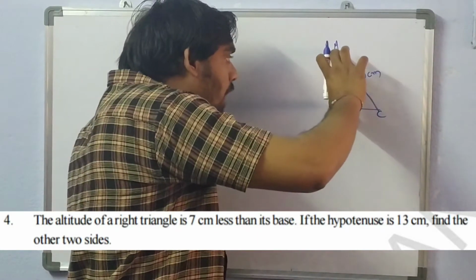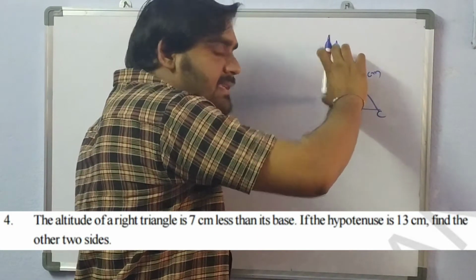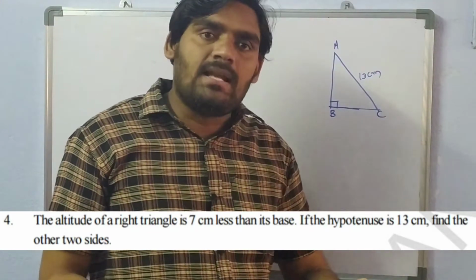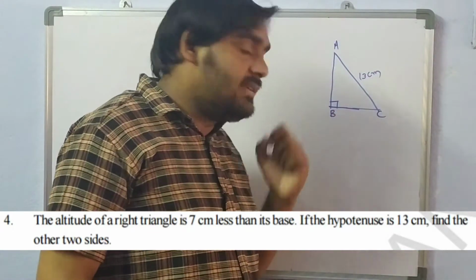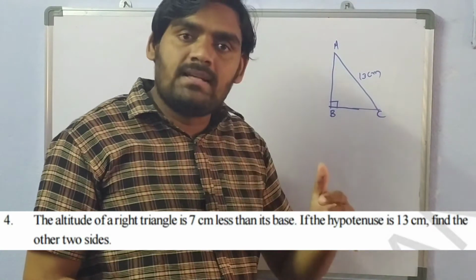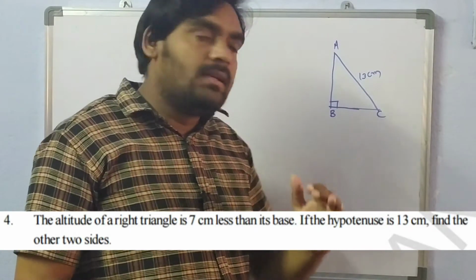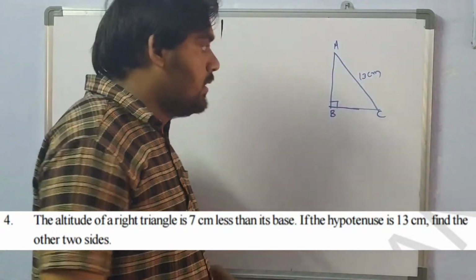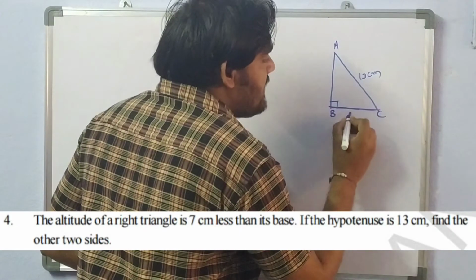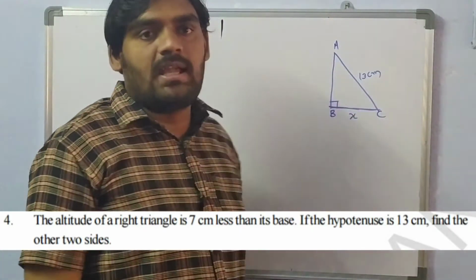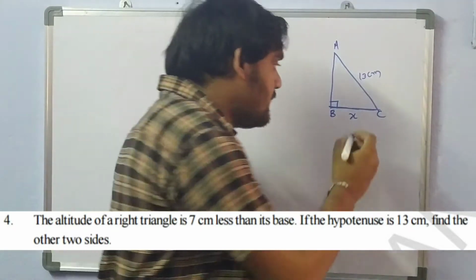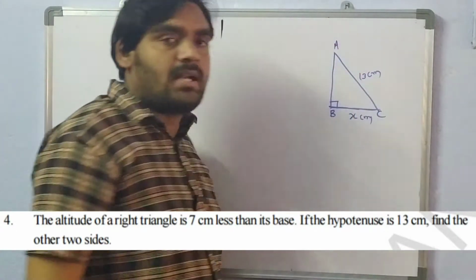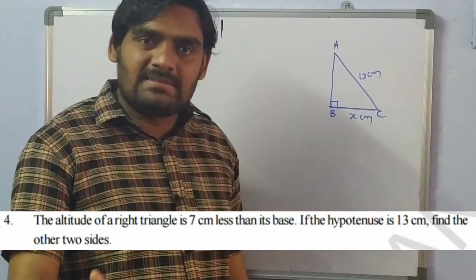And they mentioned the height of the right angle triangle is 7 centimeters less than its base. So whatever the length of the base of the right angle triangle, 7 centimeters less than that is called the altitude. So here, if you consider the base of the right angle triangle as x centimeters, then the altitude is 7 centimeters less than its base.